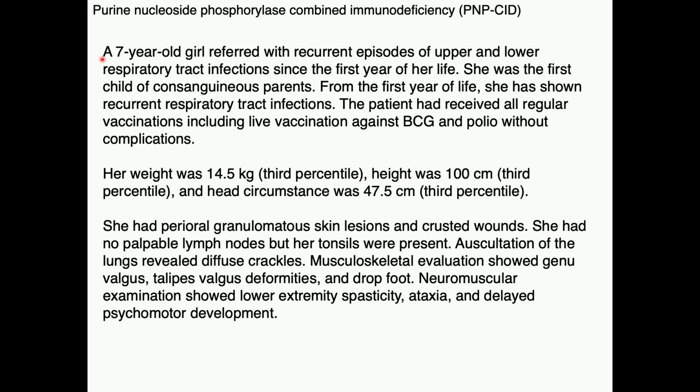So the first one was a few months old kid, and this is a 7-year-old girl. So it's a slower burn for the pathology. Okay, but she has a history of respiratory tract infections. And yeah, so kind of a lot of negative stuff.